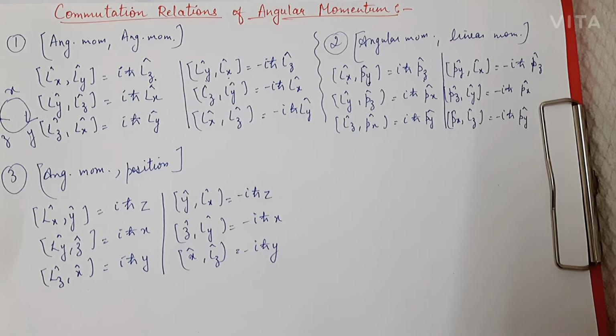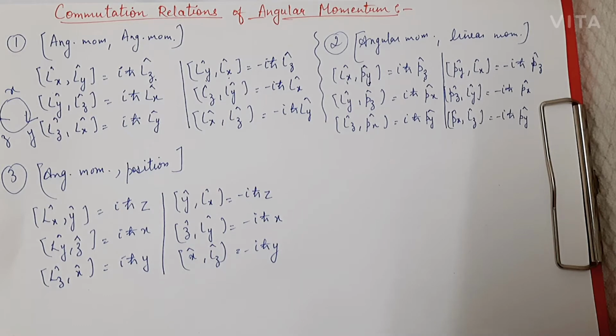I have not solved the numericals based on these commutators, so you can solve them yourself if you have time. I am just giving you the answers, so you need not solve them, you just need to learn them, right? I have also told you how you can easily learn them.